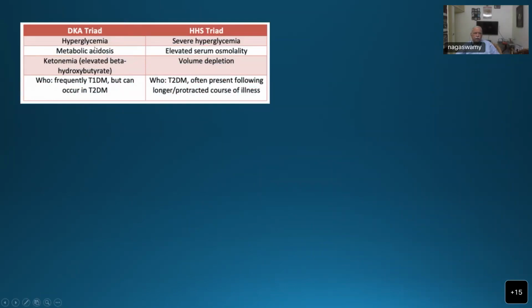Both have the same triad. Hyperglycemia is present in DKA, but it is very severe in hyperosmolar syndrome. There is metabolic acidosis in DKA, but in HHS there is only an elevated serum osmolality, and both have dehydration. Volume depletion will be there because of the osmotic diuresis produced by the sugar, and ketonemia will be present in DKA, which is not there in HHS.